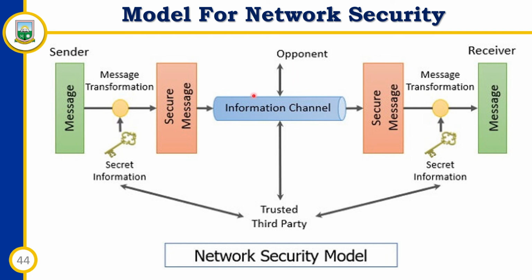All the techniques for providing security have two main components: the security-related transformation on the information, and some security information shared by the two principals. In this example, it includes an encryption of the message.